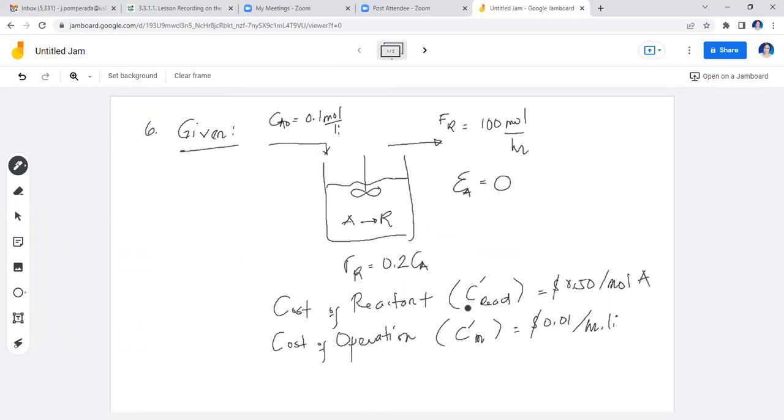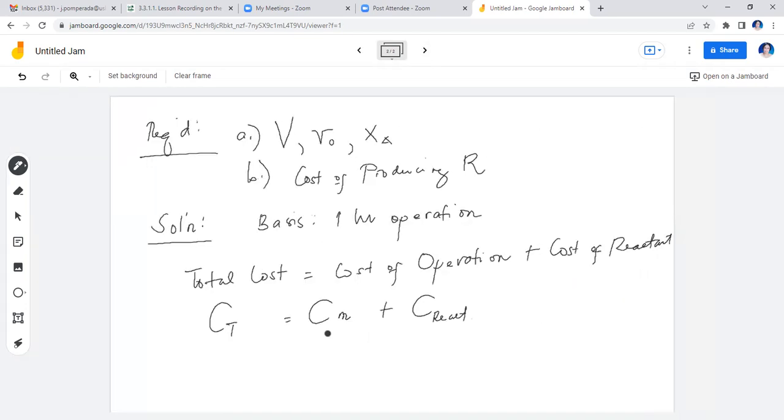I represented the cost of the reactant as C prime react, and the cost of operating the mixed flow reactor as C prime sub M. So this time I wrote here the cost of operation is C sub M, the cost of the reactant is C sub react, and the total hourly cost is C sub T.